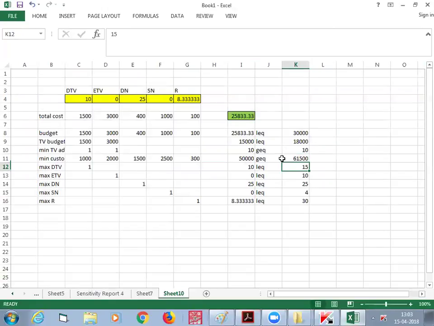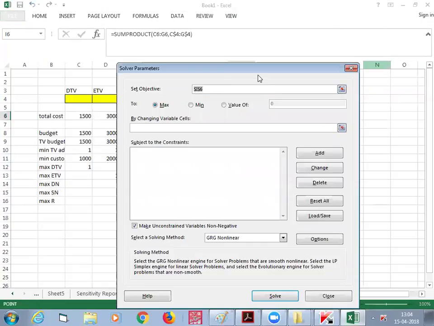So I've changed my requirement, and let's see what the minimum total cost will be to reach this 61,500. Now we should get the same solution, yes or no? Right? Because now we've gone back to the first thing. Now we'll get the same solution, and this will be the opposite or reverse of the previous one. Okay, so let's see. Minimize total cost.